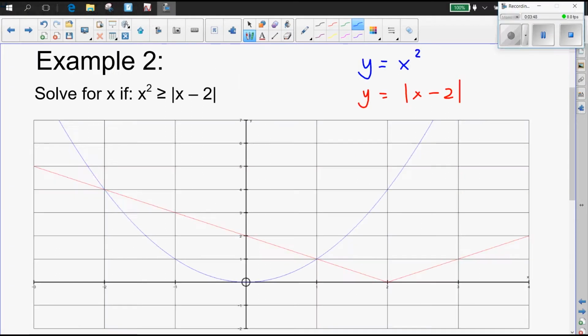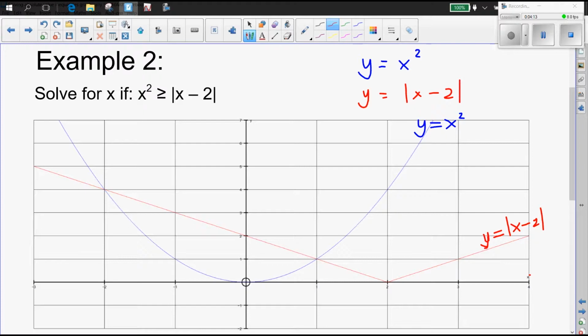So y equals x squared is your quadratic function, your parabola, and y equals the absolute value of x minus 2 is your absolute value graph with a salient point at x equals 2 and 0.